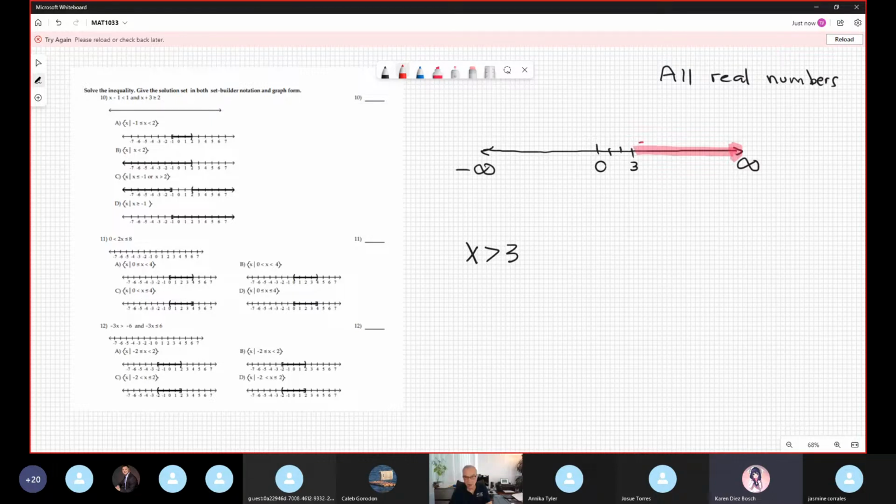So 3 is not included, and you put the parentheses, and Alex puts a closed circle like that. This is the typical notation in Alex, but in our test package, we use parentheses or brackets. Suppose x greater than or equal to 3. Now let me try to do another.